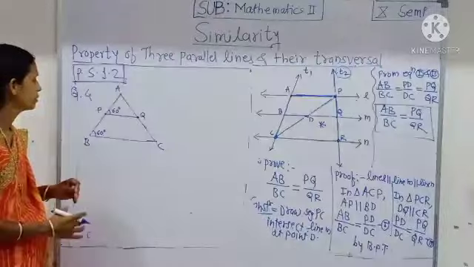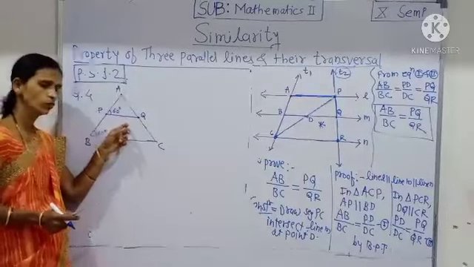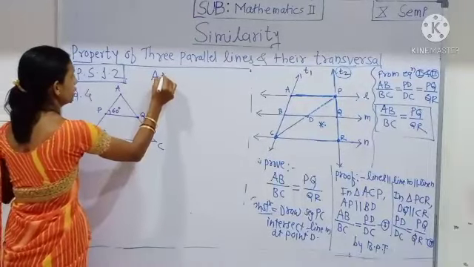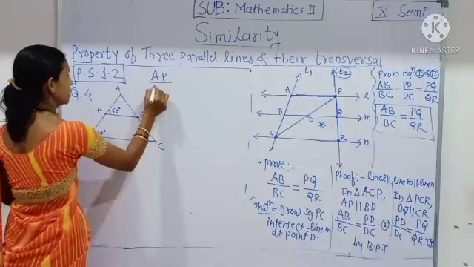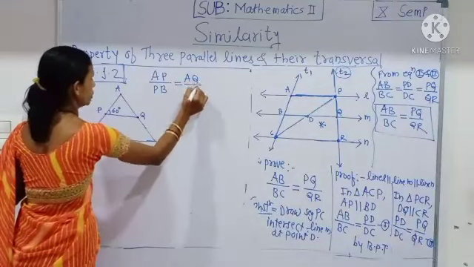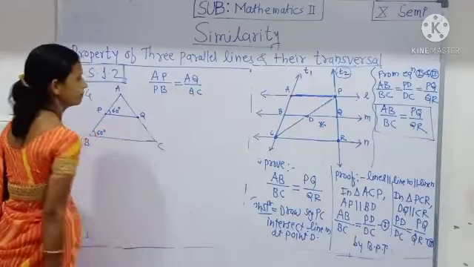Then we have to prove that AP upon PB is equal to AQ upon QC.